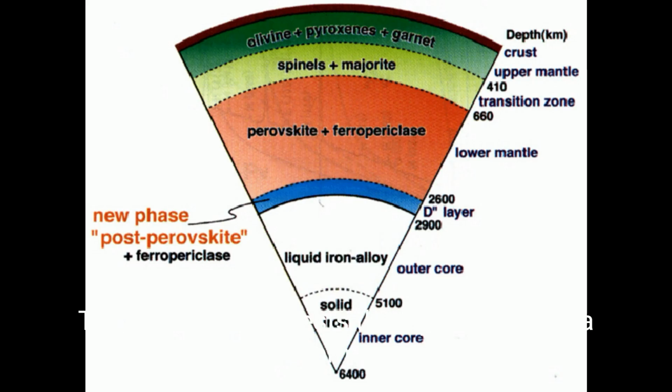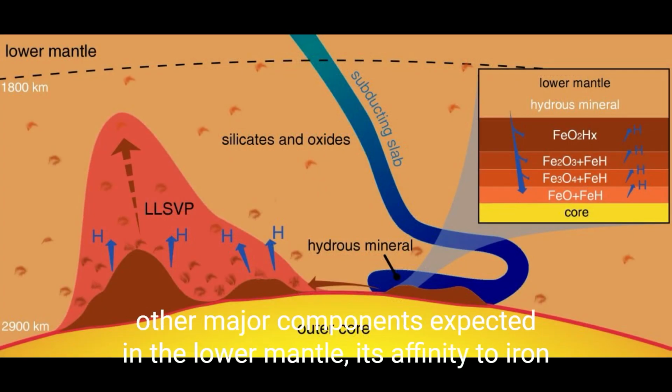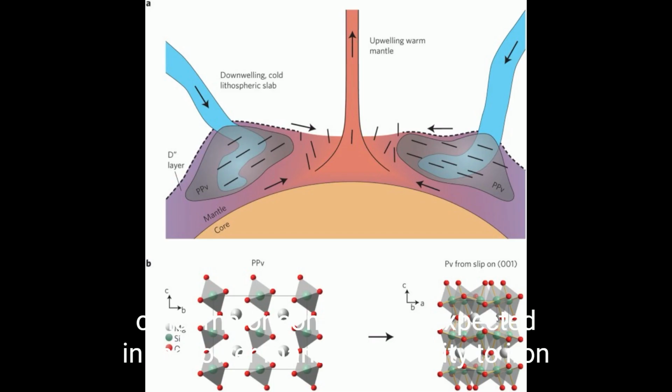This research suggests this hydrous magma ocean favored the formation of an iron-rich phase called iron-magnesium peroxide. This peroxide has an even stronger preference for iron compared to other major components expected in the lower mantle. Its affinity to iron could have led to the accumulation of iron-dominant peroxide in layers ranging from several to tens of kilometers thick.